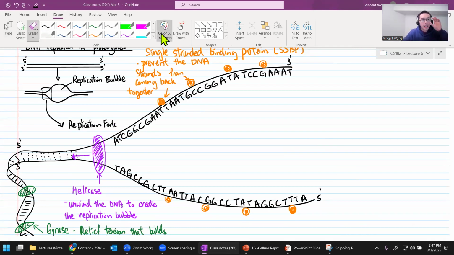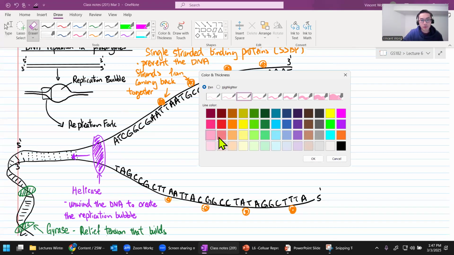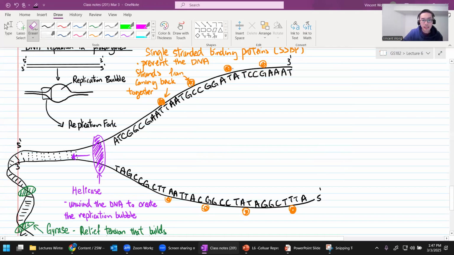So there is another enzyme, which I'm going to draw for you now. I'm going to run out of color soon. This enzyme, I'll put maybe a square shape here. This one is called a primase. Primase.